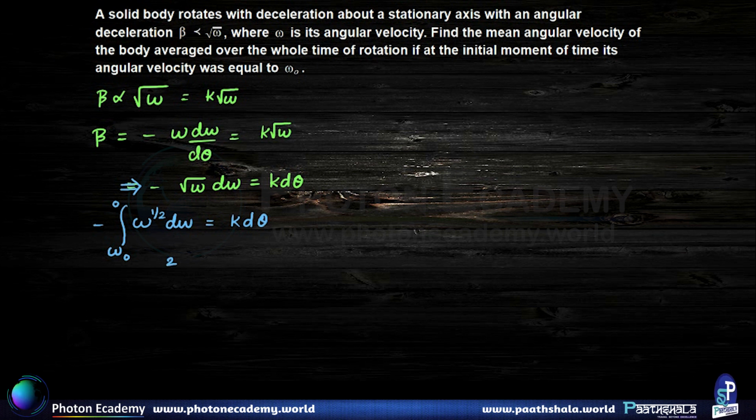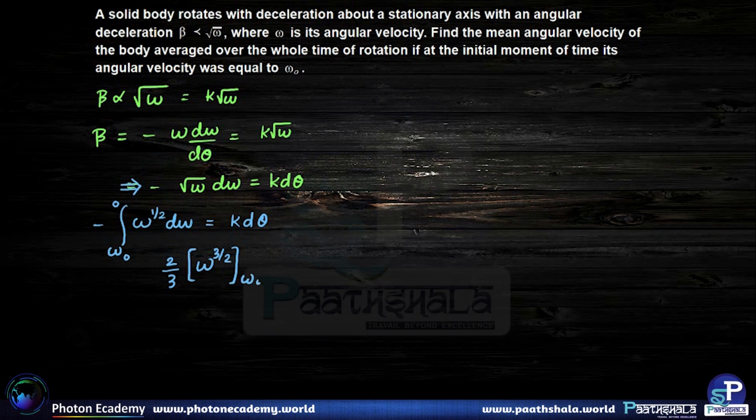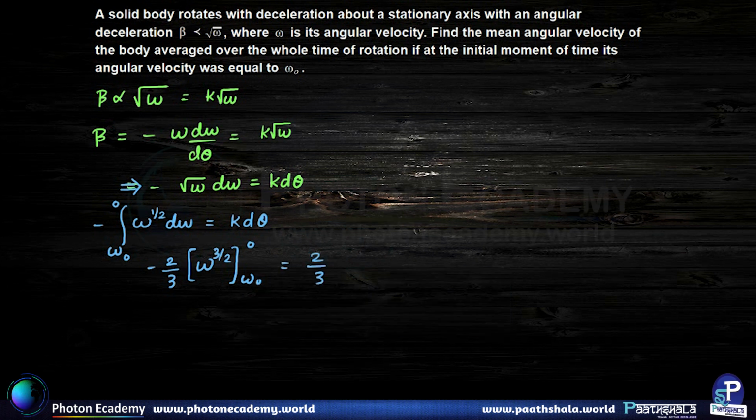So this is going to be 2 by 3 omega raised to 3 by 2, and we substitute the definite integral limits omega naught to 0. The minus sign remains as it is. So it is 0 raised to 3 by 2 minus omega naught raised to 3 by 2. The minus sign will now get cancelled and I get 2 by 3 omega naught raised to 3 by 2.